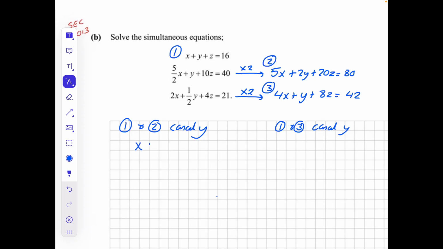1 and 2 and cancel y. So it's x plus y plus z is equal to 16, and I need the y's to cancel, so I'm going to multiply that top line by -2.